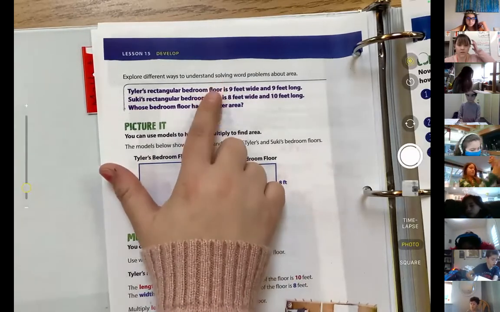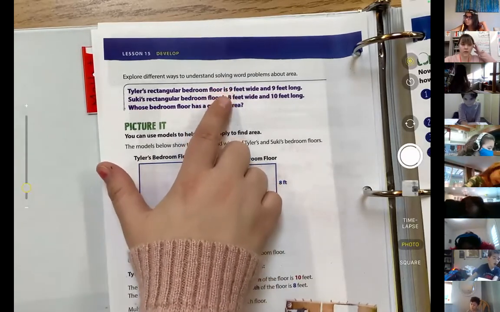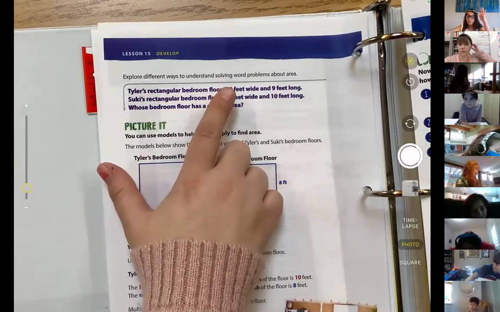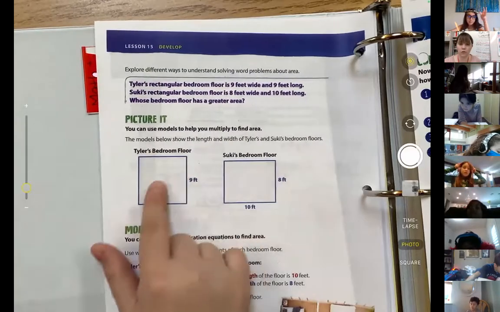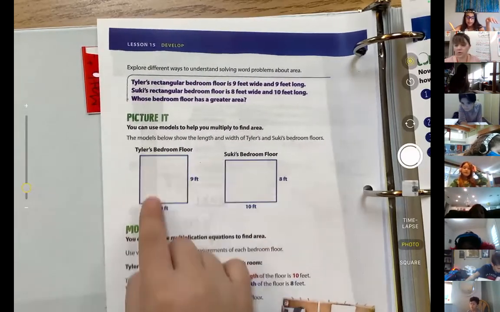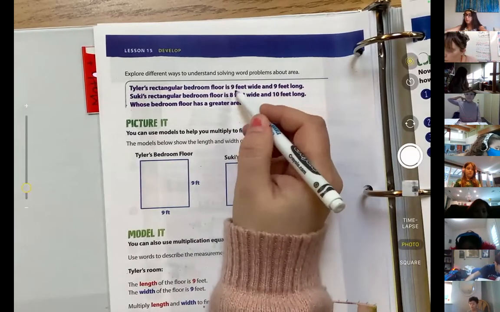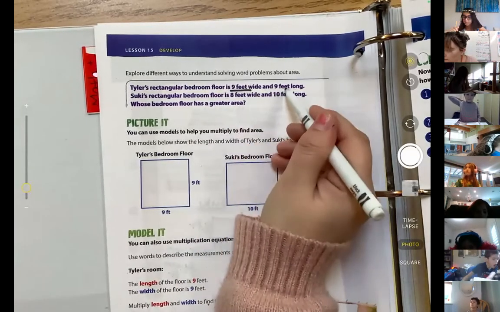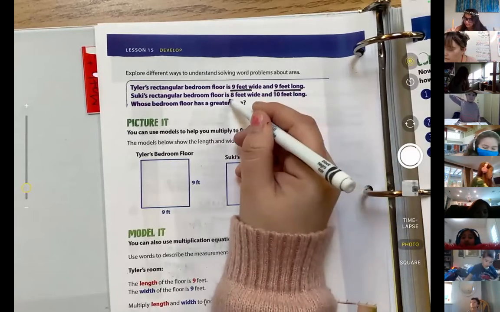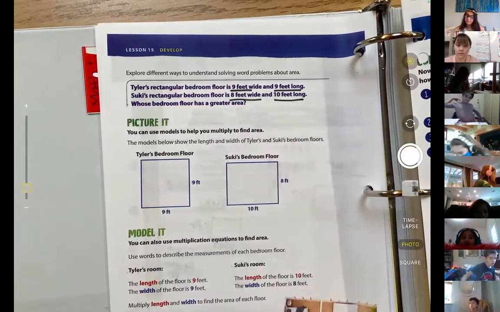Because if we look at the thing, so Kylie and anyone else who is still on the other page, this is exactly what I drew on the other page. So in your word problem, you knew that it was 9 feet wide and 9 feet long, 8 feet wide and 10 feet long.